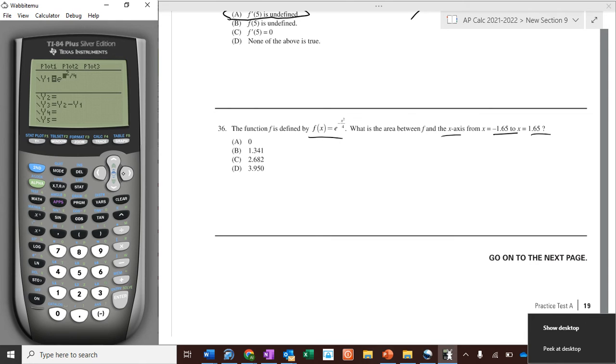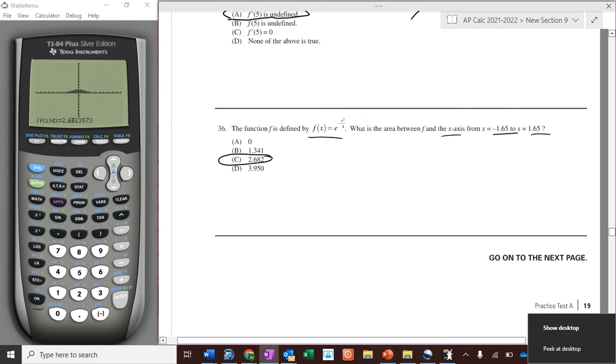So it's negative x squared, so I got to insert that. And then you go second trace 7 from negative 1.65 to 1.65. And boom, it's 2.682. Total calculator.